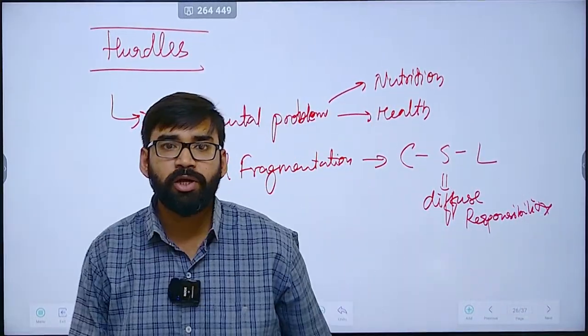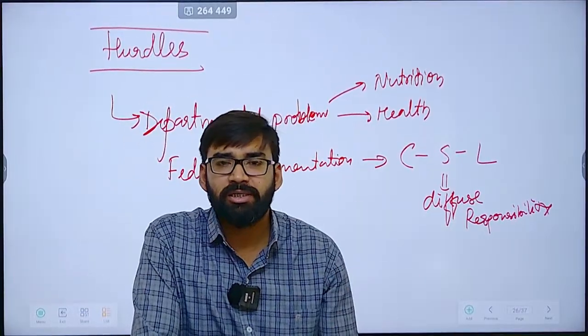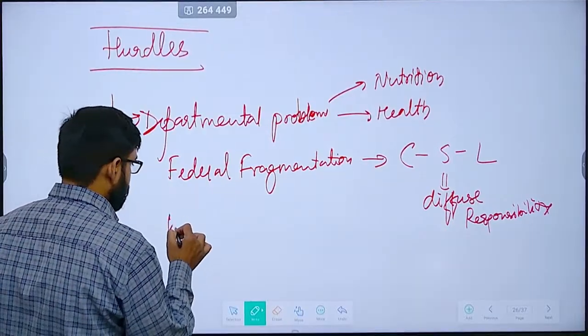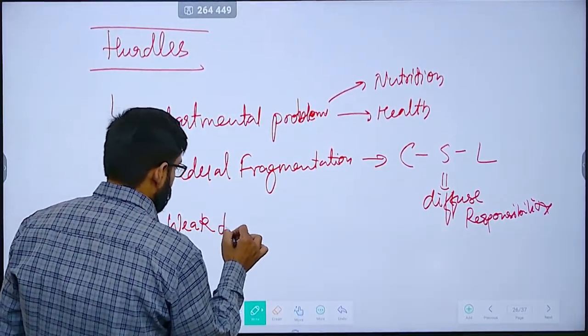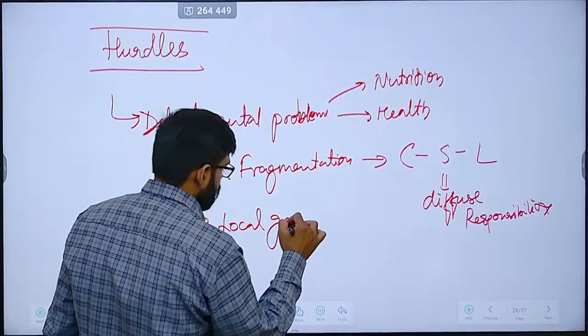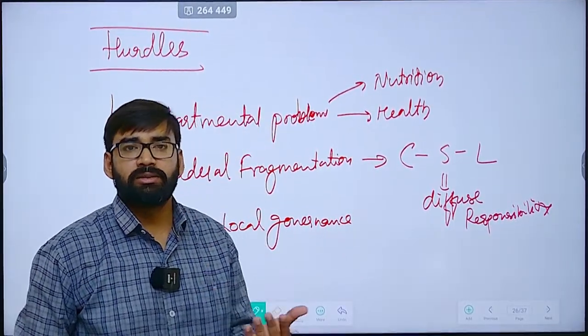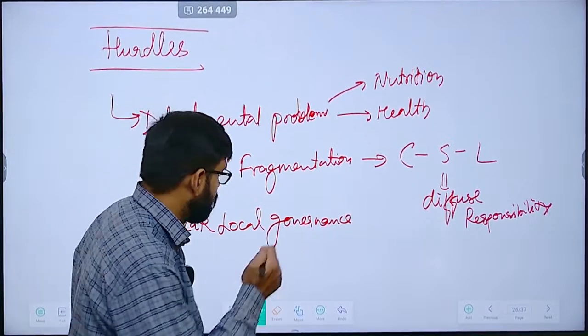Clear? These things you can mention. Then weak local capacities, like panchayats and urban local bodies. Clear? Weak local governance, like panchayats.